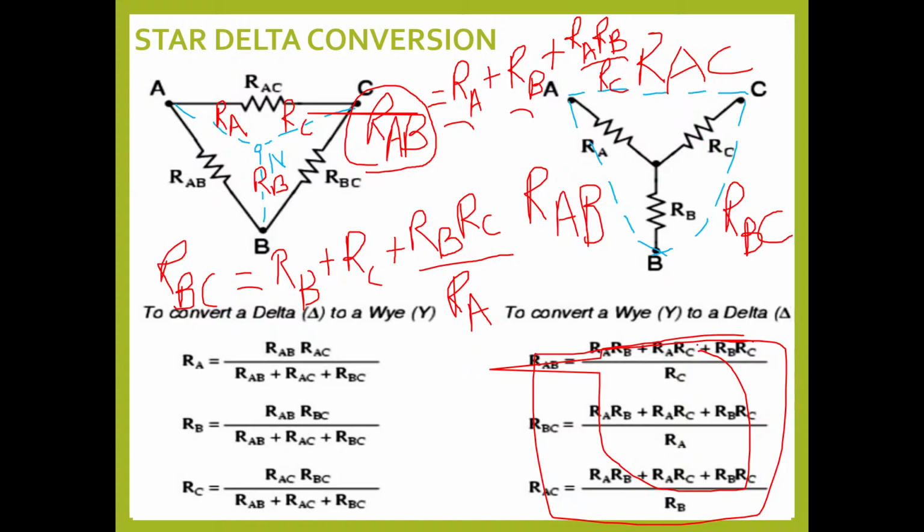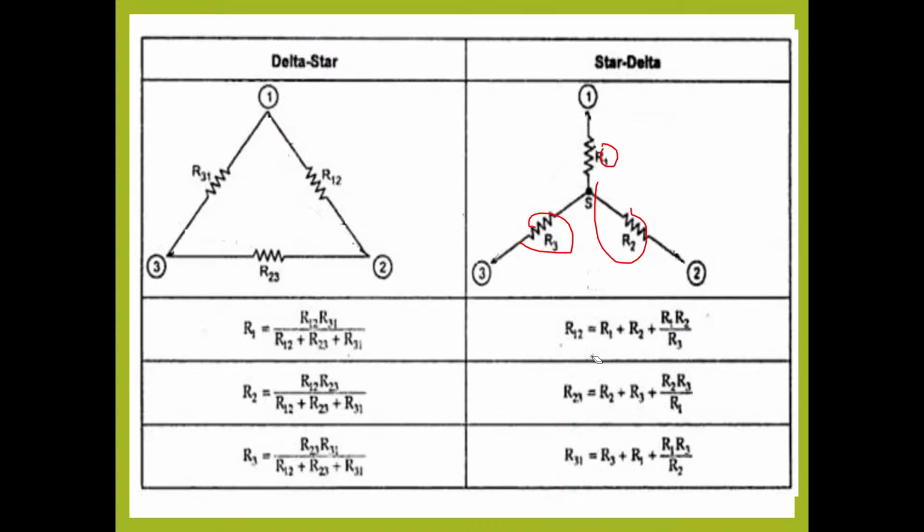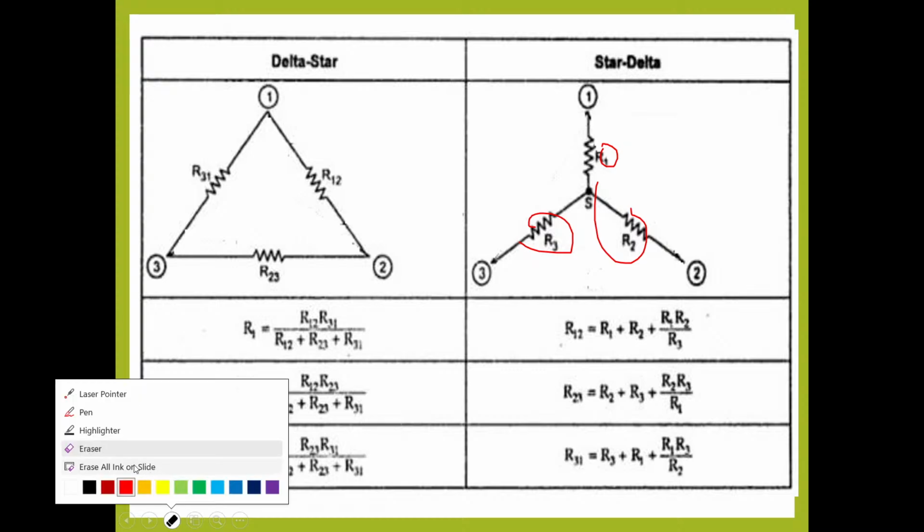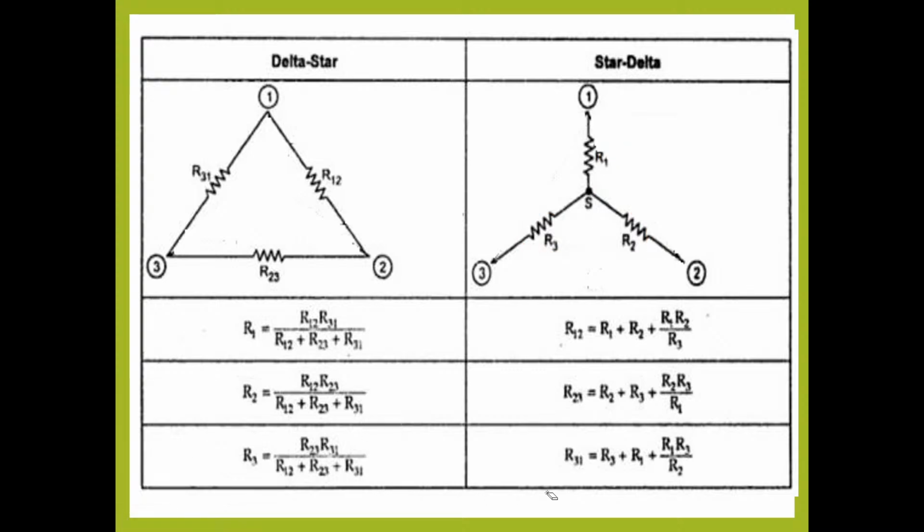Okay. So either you can write these expressions, or I have told you the simplest way to write down the equations to convert star to delta, delta to star. So you can see here. I will just leave it for a minute so you can see the images and how the equations have been written.